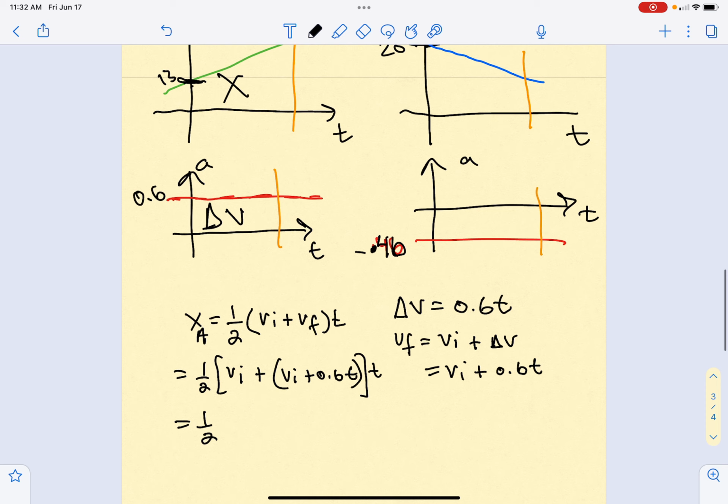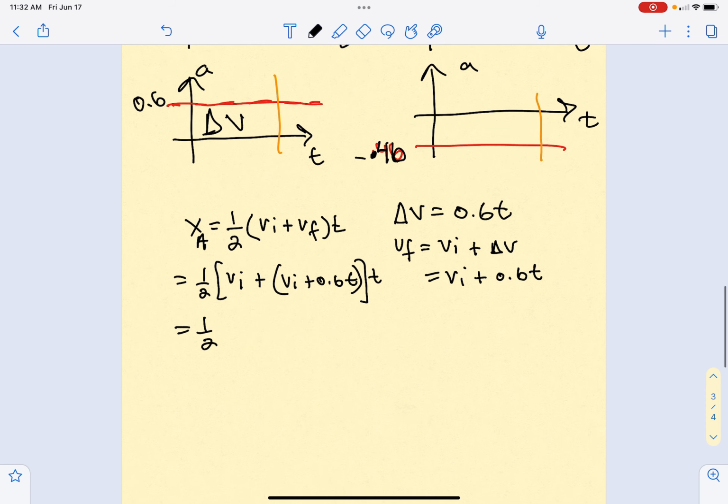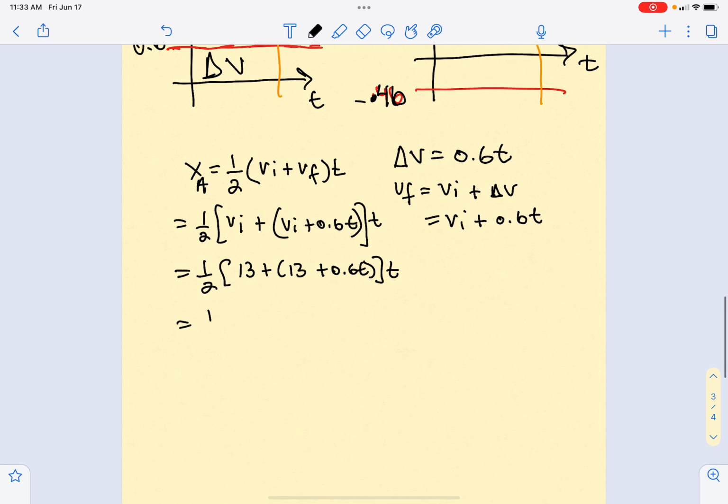So my initial velocity for car A would be 13, plus 13 plus 0.6t. This is going to be 26 plus 0.6t.